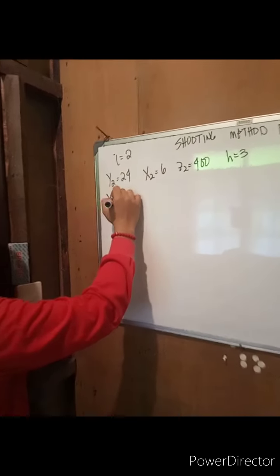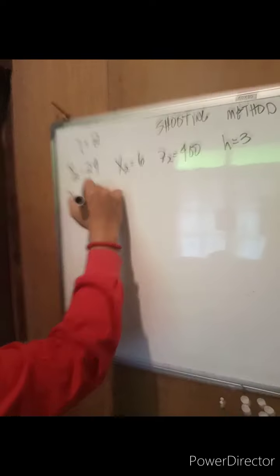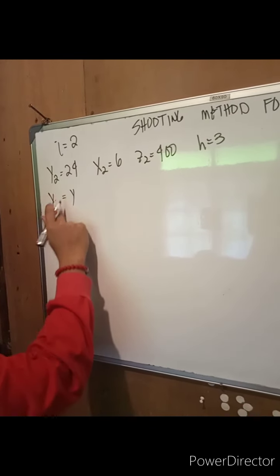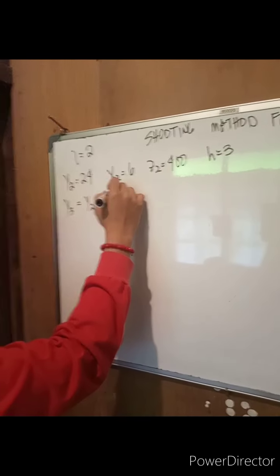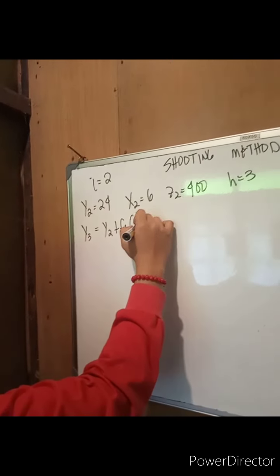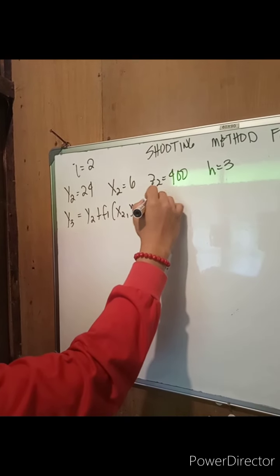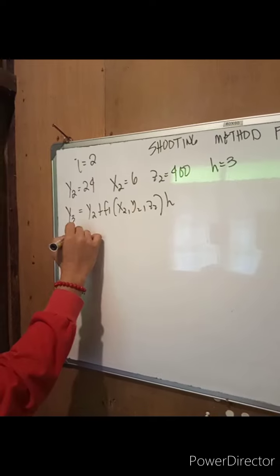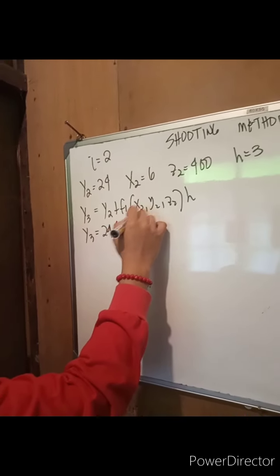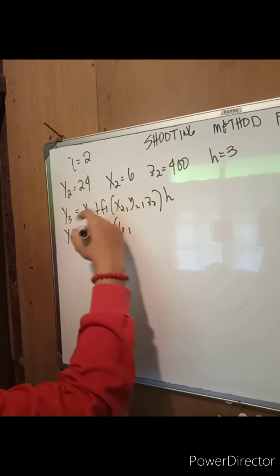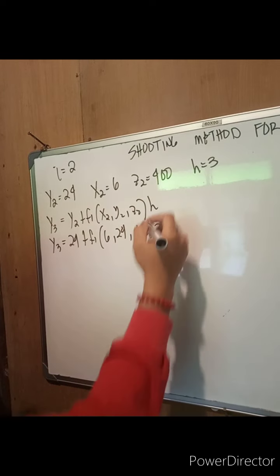So, y sub 3 is equal to y sub 2 plus function ng 1 (x sub 2, y sub 2, z sub 2) times height. So y sub 3 is equal to y sub 2 natin is 24 plus function ng 1 (x sub 2 natin is 6, yung 24, 400) times 3.